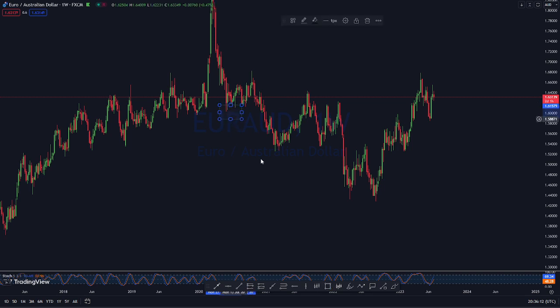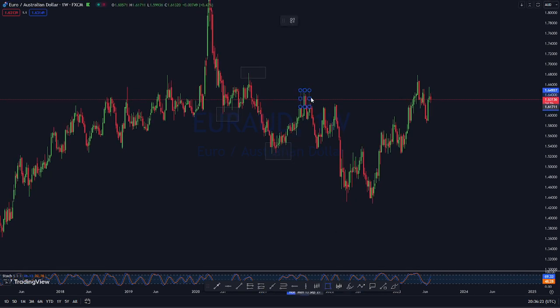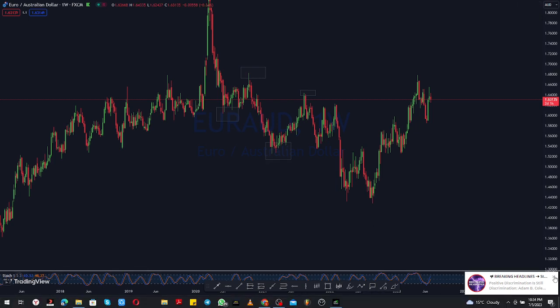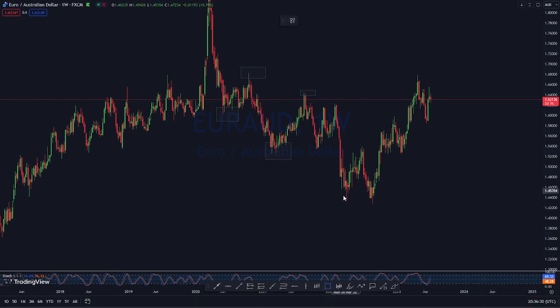We can have this low here and the high here, like I said, and the low here and the low at this point, and another high here, and we can have a low like this. So we already see that this is a trending market, trending to the downside like this, right?